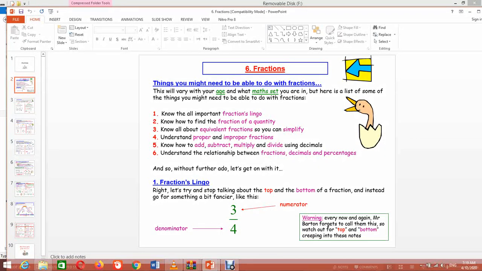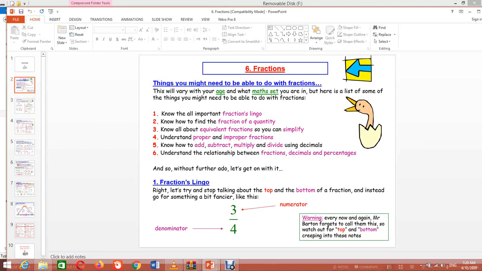1. Fractions lingo. When we talk about fractions lingo, it simply means talking about the top and the bottom of a fraction.